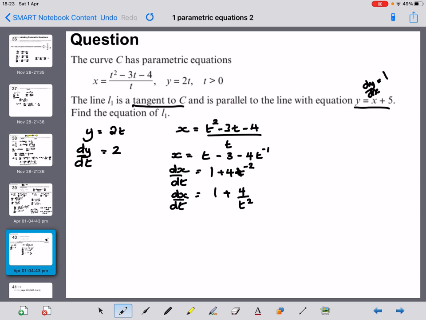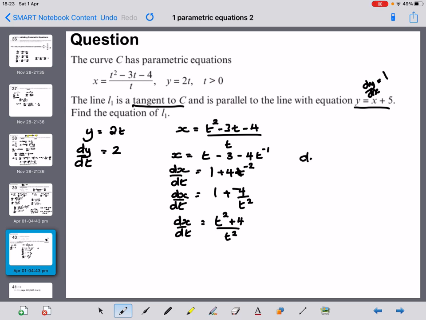Okay, now because we're going to have to divide by dx by dt, it's probably worth making this into one big fraction. So instead of 1 plus 4 over t squared, I can say that's t squared plus 4 over t squared. The reason why I've just done that is because I know I'm going to have to divide 2 by 1 plus 4 over t squared. It'll be easier if I just have that as one big fraction.